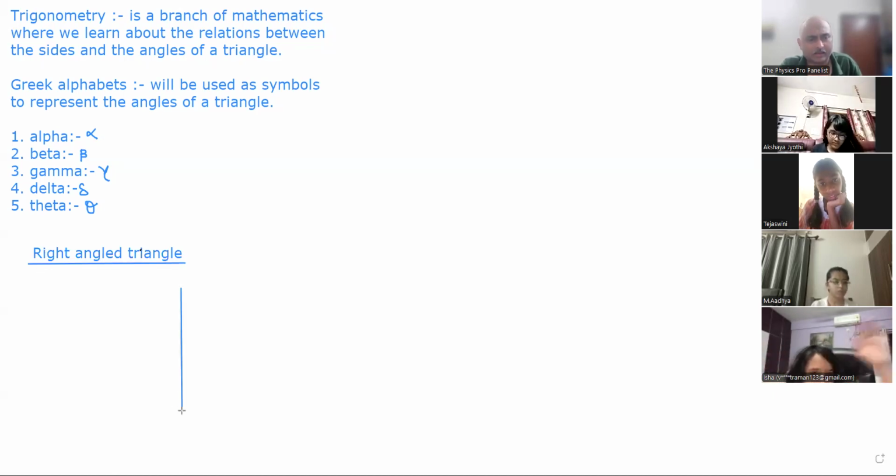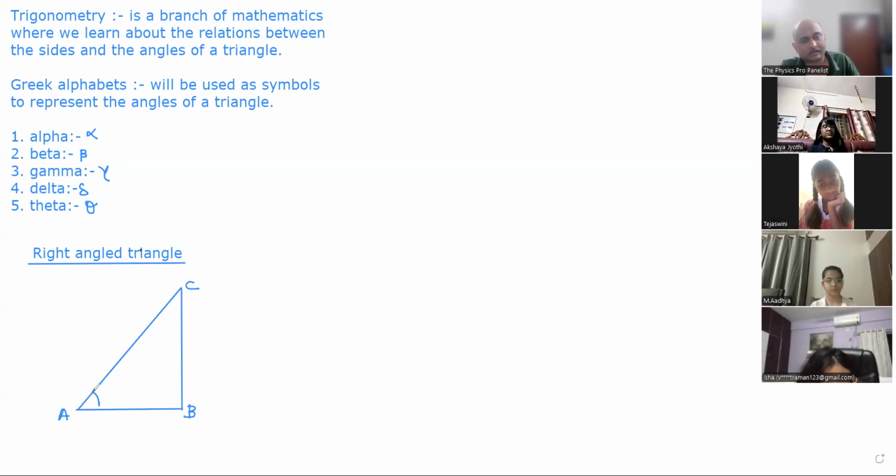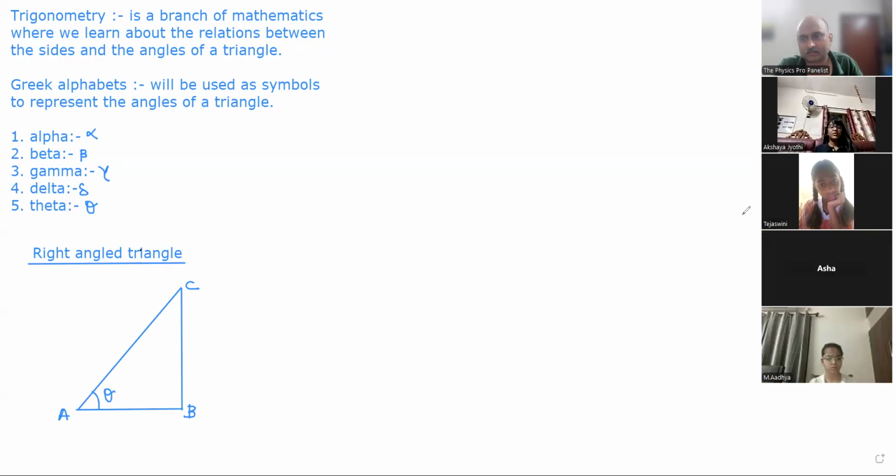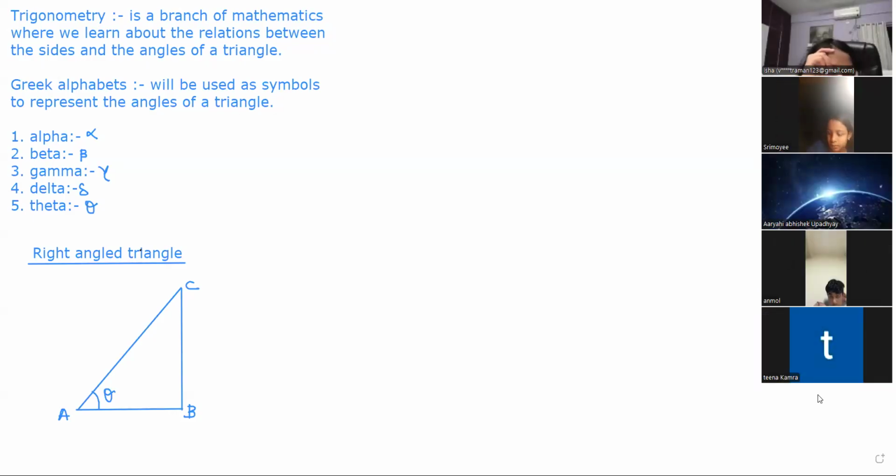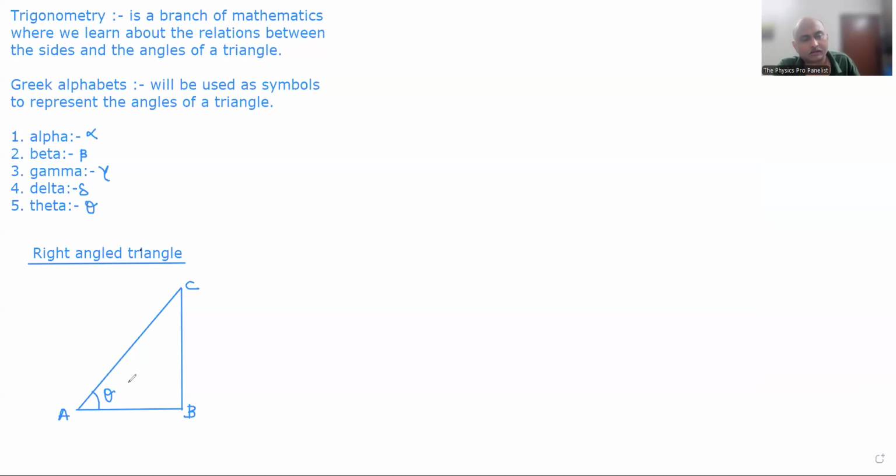So right angle triangle, you all have seen it. So this is our right angled triangle. This is A, this is B, and this is C. Let's say this angle is theta. Please pay attention. This angle is theta. And the side which is opposite to angle theta.